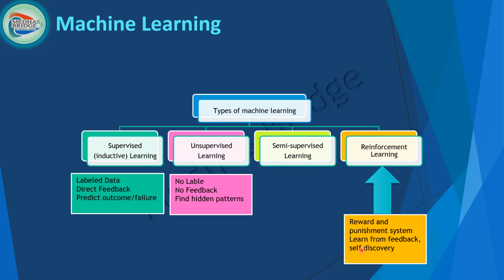Okay, this is basically taking suitable actions to maximize the reward in a particular situation. So it helps you to find the best possible solution for a given specific situation. That is how you can infer it.